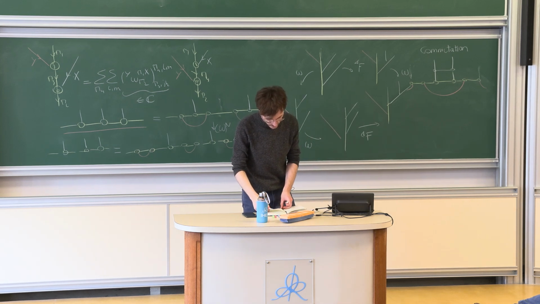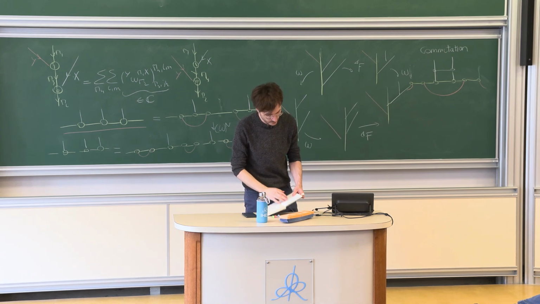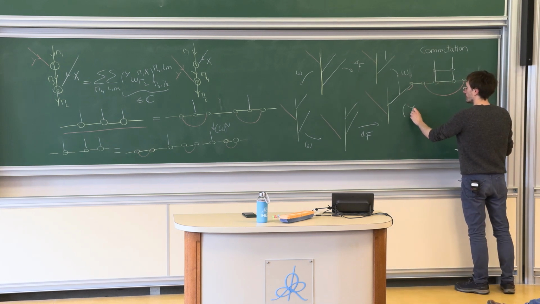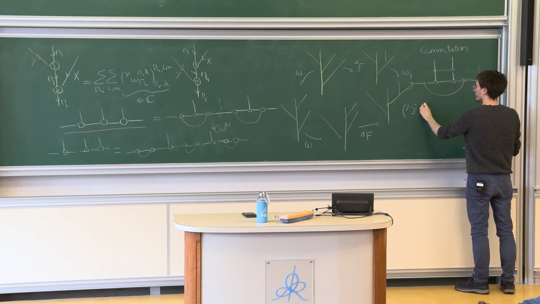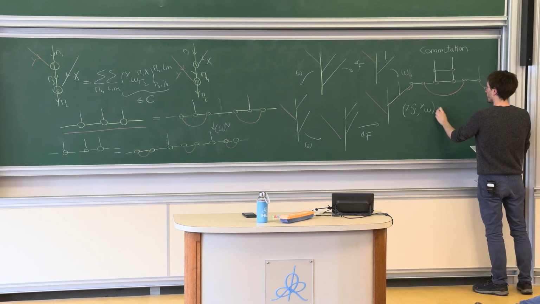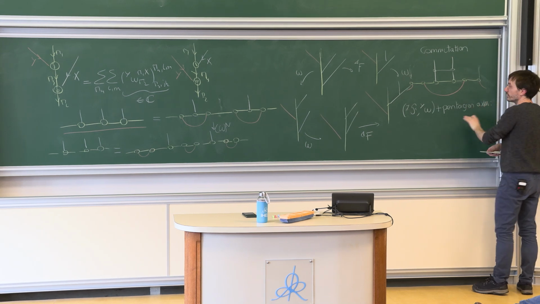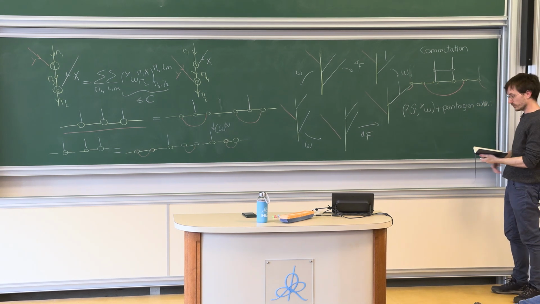Okay, so what am I saying by putting everything together? My object F, with the collection of isomorphisms plus my pentagon axiom. I needed all this in order to claim that this was a symmetry.